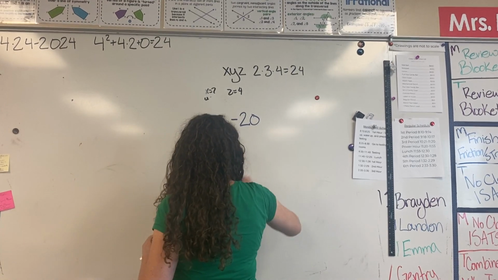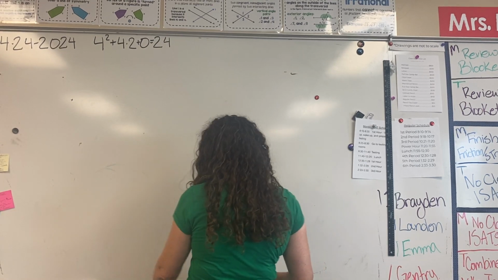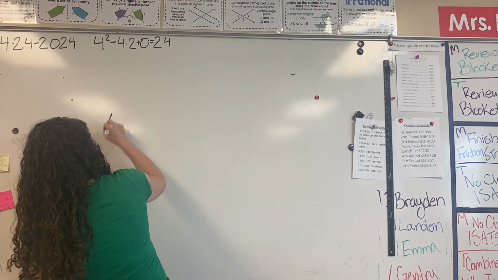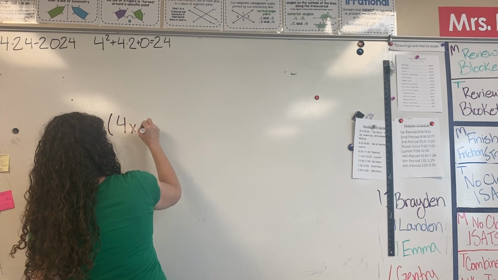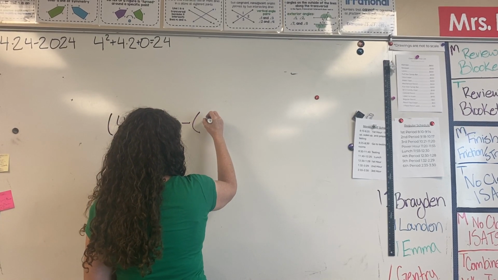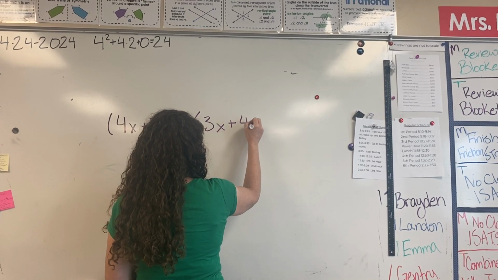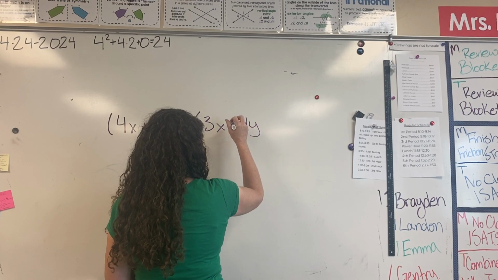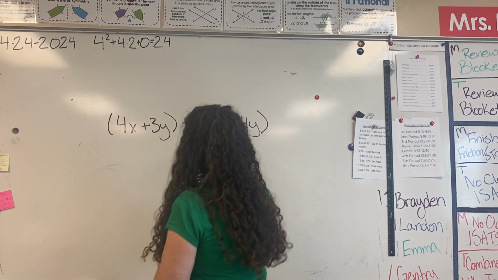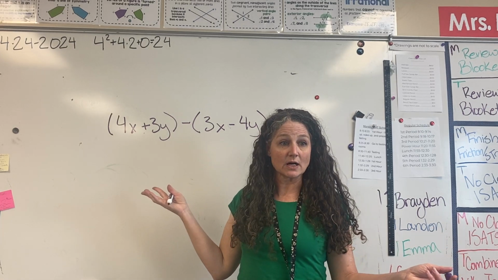What if I have this? What if I have 4x plus 3y minus 3x plus 4y? Do I have any multiplying that I need to worry about?